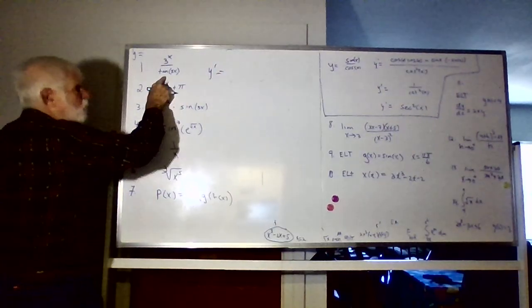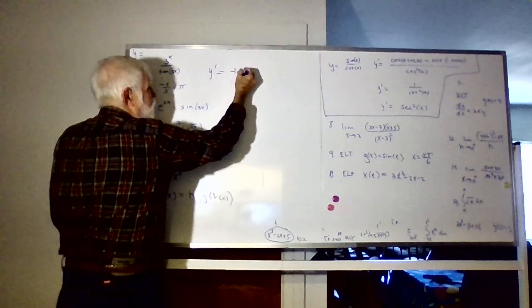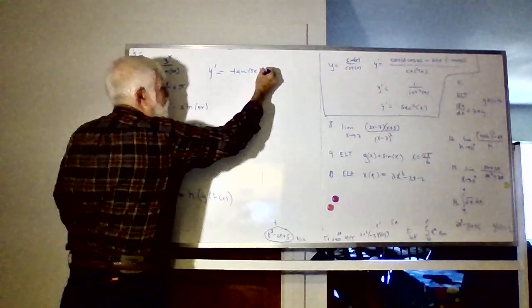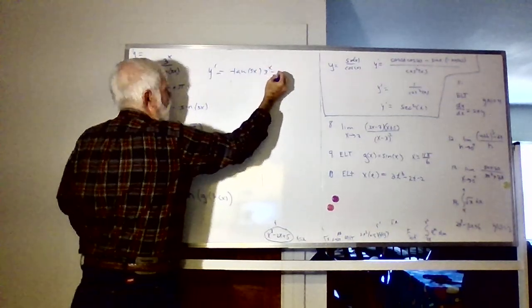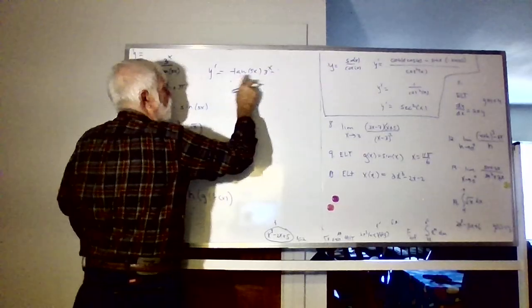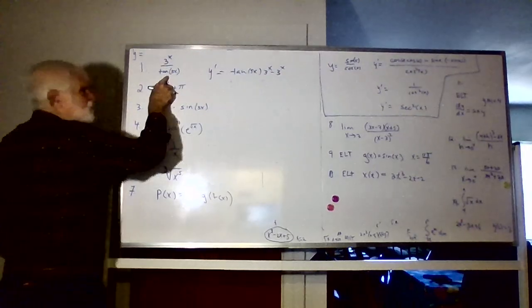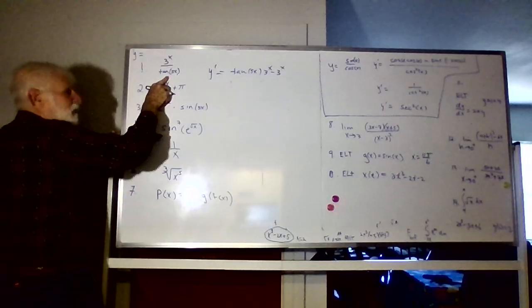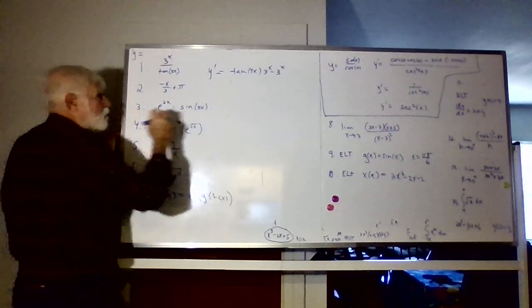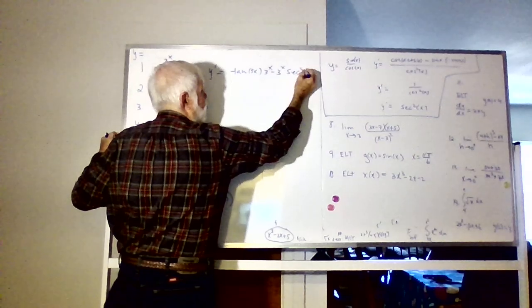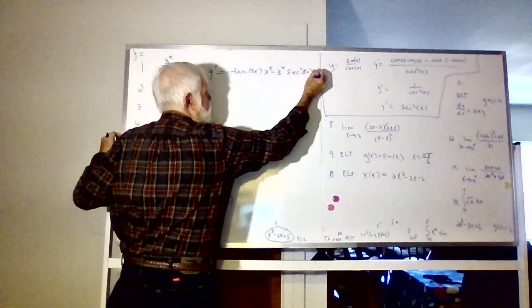So we're going to do low first, low, tangent of 5x times high, minus low d high minus high, d low, and now it's time to take the derivative of the tan of 5x, which is going to require the chain rule. So it's secant squared of 5x times 5.